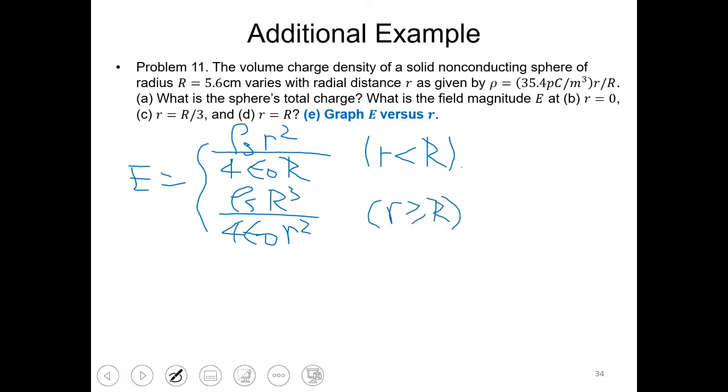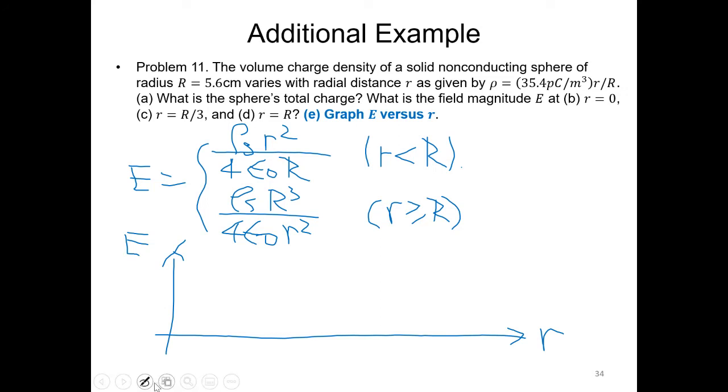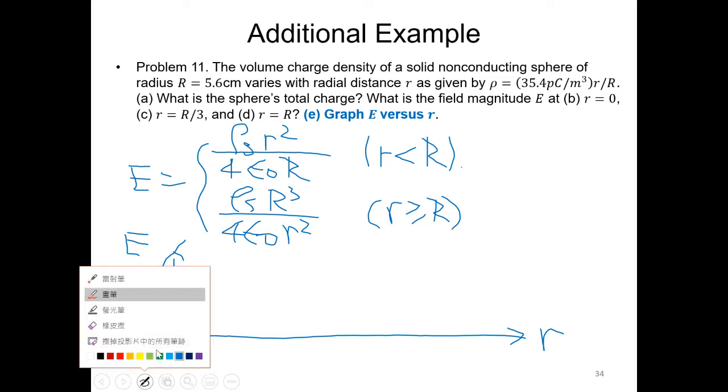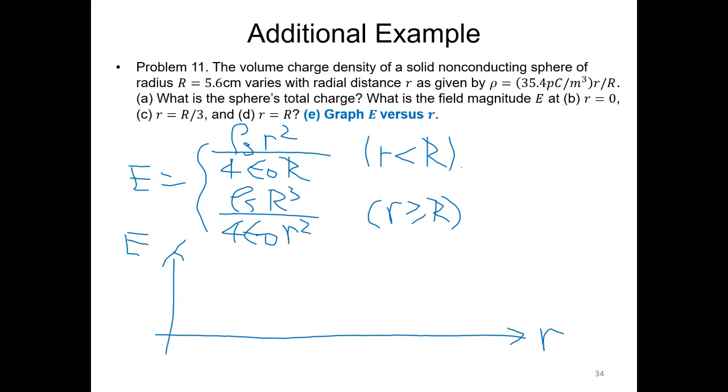If we would like to draw it out, the x-axis is R and the y-axis is E. We can see that the first case is proportional to r squared, and the other case is inversely proportional to r squared.